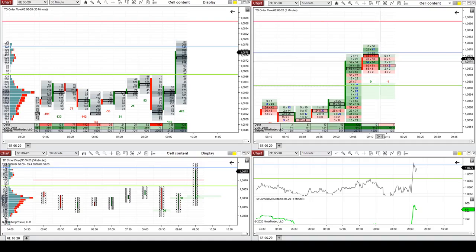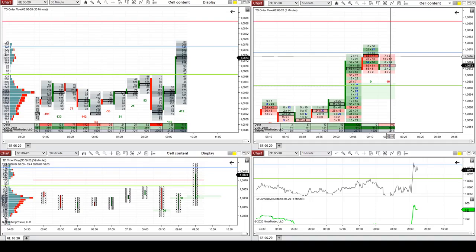So far, this footprint doesn't tell us anything important. Delta around 0, nor big numbers on the bid nor on the ask.